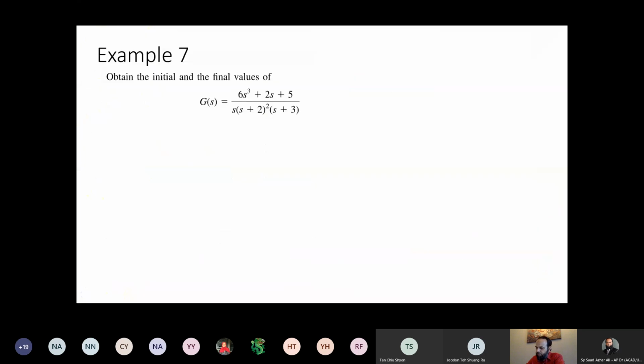So I come back to this. Initial value is very easy.